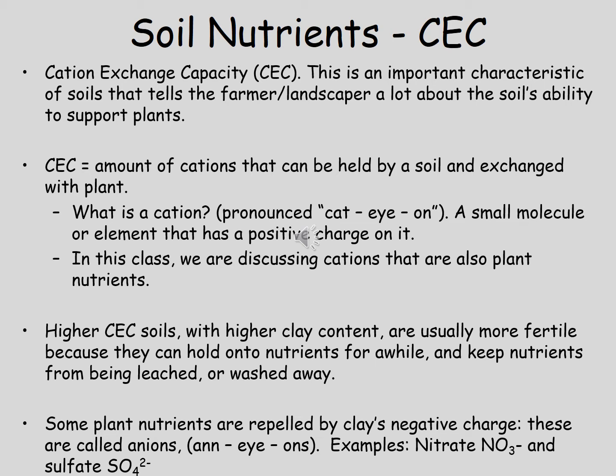A cation is a charged molecule, and if it has a positive charge, it's called a cation. And I remember that because when you look at that word cation, it has that little T in it, like a plus. So like I said in a previous slide, we've got potassium, magnesium, calcium.